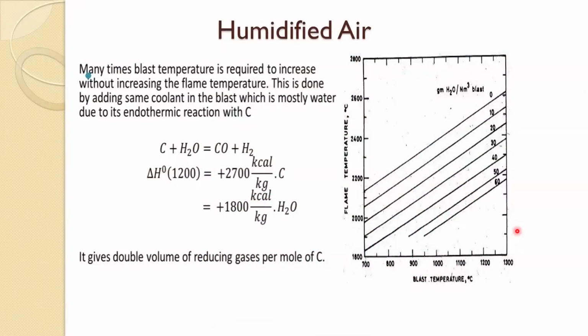Similarly, many times to increase the reducing capability of the gases, or even sometimes to reduce the temperature, you humidify the air. Humidification means you somehow add some water into the air. Many times the blast temperature is required to increase without increasing the flame temperature.